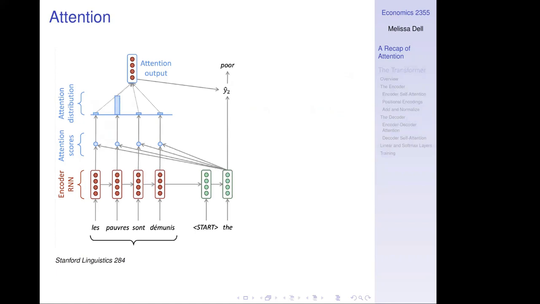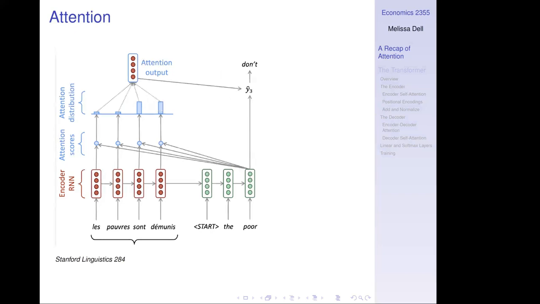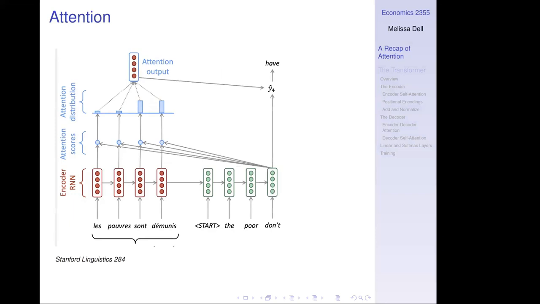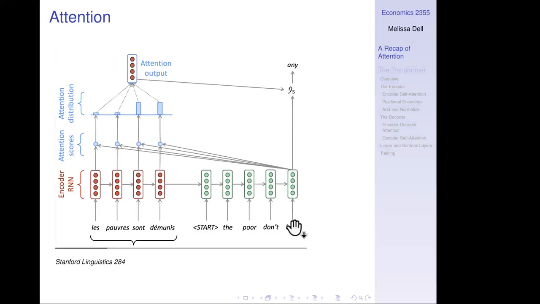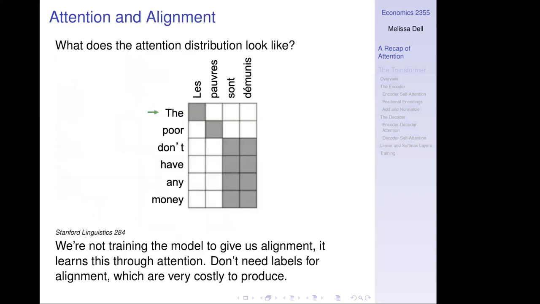And so we now see with the second word, which is going to predict the word pour, it's attending to the right place, to the place that we would expect, the equivalent of that word in French. And then we keep on going through, and for each token, each hidden state of the decoder, which is predicting a different word in the sentence, it's attending to different hidden states for the input sentence. And we keep going until we reach an end token.